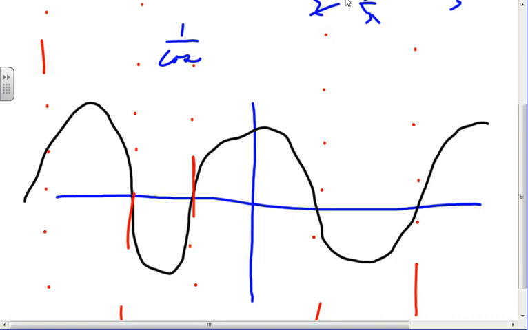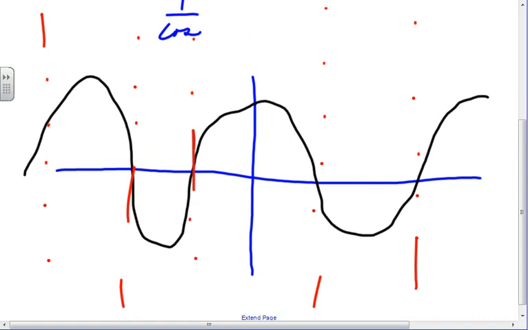Now, my amplitude's 5, right? So where I cross here is 5, and when I'm down there, I'm at minus 5. But I have a negative sign, so that means I would have been positive like that, but I'm really negative like this.